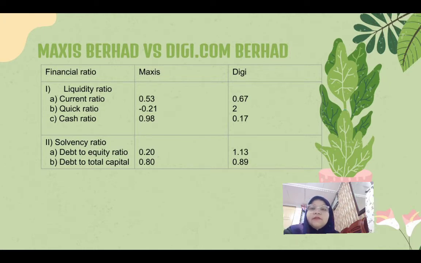Profitability ratio has five points, which are gross profit margin, operating profit margin, net profit margin, return on asset, and return on equity. Gross profit margin for Maxis got a value of 76.45, while DiGi got a value of 75.72.